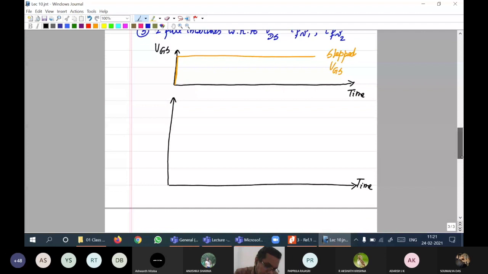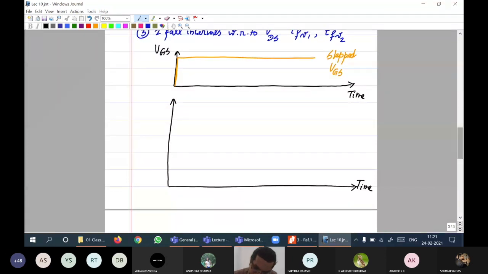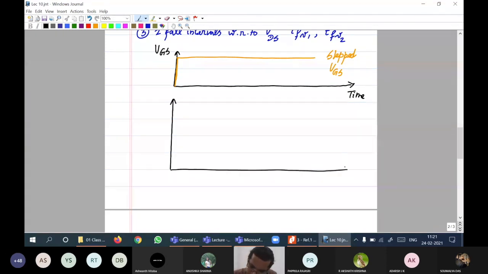Okay, I'll take one more line for writing something. I need to mark the time intervals, so I'll draw it here. Now comes the time intervals.